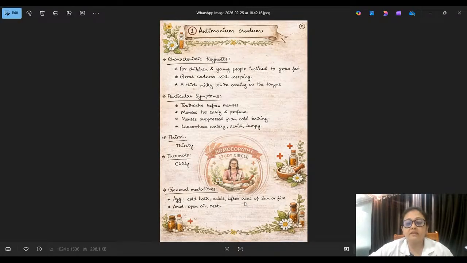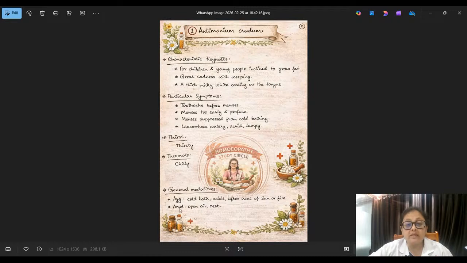After that the symptoms get aggravated. After that her menses may get aggravated. That is how you have to correlate aggravating and ameliorating factors with the particular symptoms.